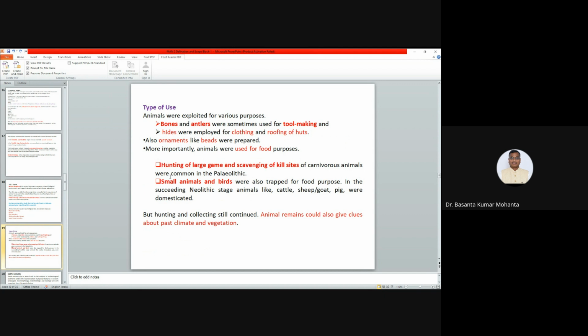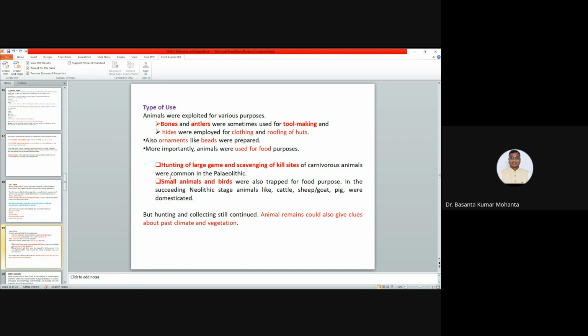Evidence of hunting of large game, big animals, is very commonly found at different Paleolithic sites. Evidence of hunting of small animals and birds is very commonly found at Mesolithic and Neolithic sites. Hunting of cattle, sheep, goat, and pigs was also present during Paleolithic time, and domestication of these animals during Neolithic times is also evident from different sites.